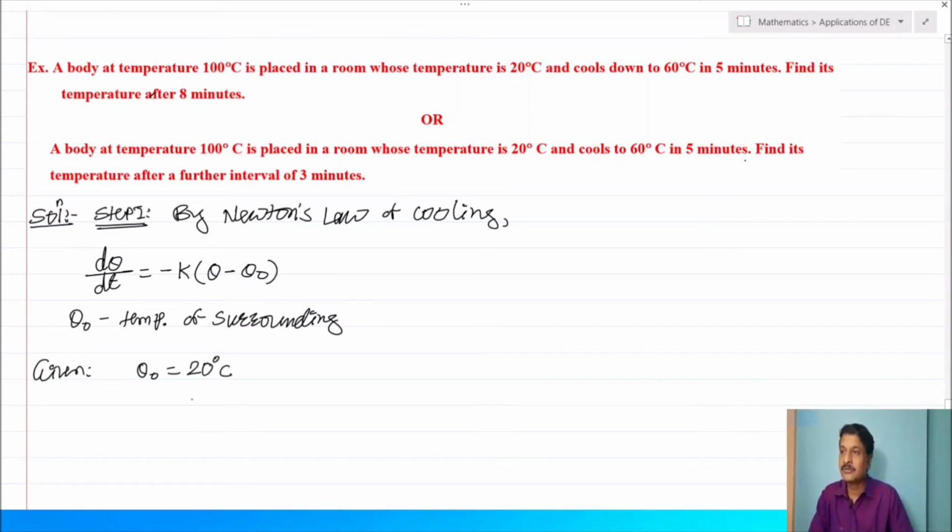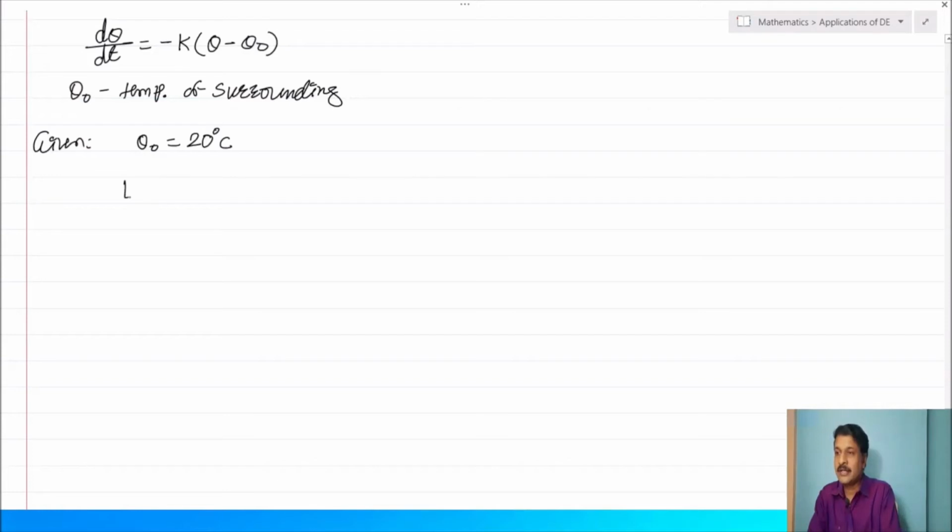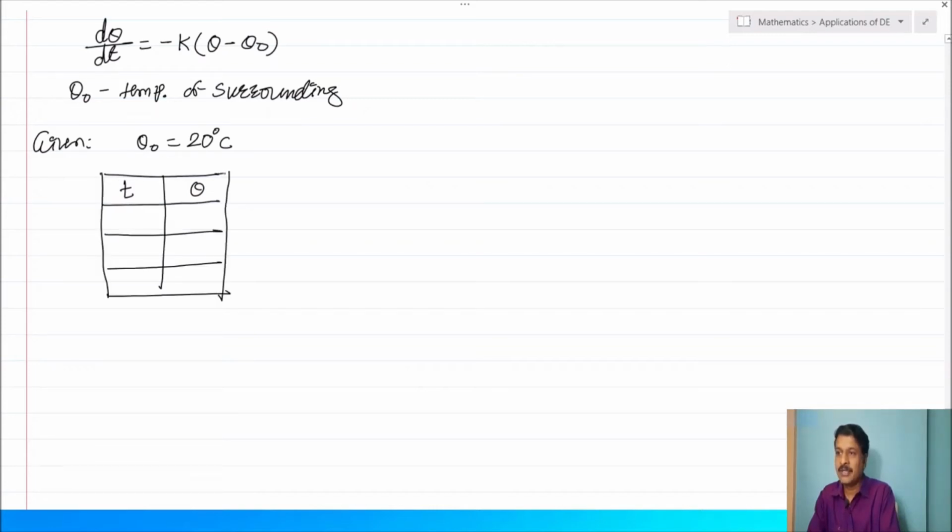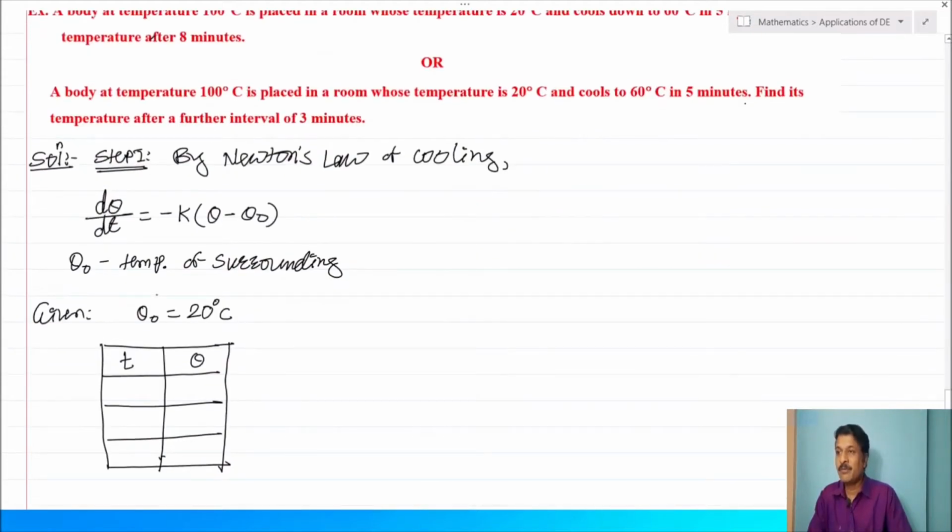And now the values, here t and theta are the variables. So find the values. So what are the given things here? Theta and t, make such type of table and put the values here. Given values: a body at temperature 100 degrees Celsius is placed in a room. It means that initially, time is 0. That time temperature of body is 100 degrees Celsius.